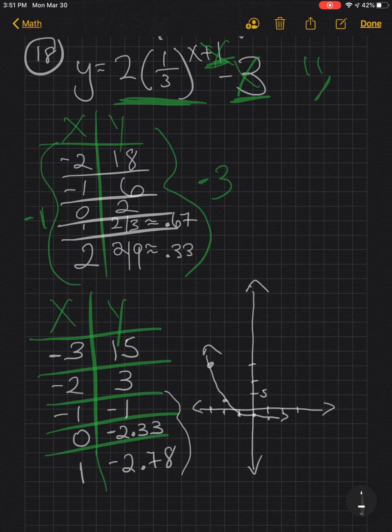But there you go. Now, when we're looking at our domain, again, domain, always all real numbers, okay? That's easy. Range is the tricky part. So my trick on range, first of all, it's always y is greater than, and always pretty much just look at this number here, the number -3.